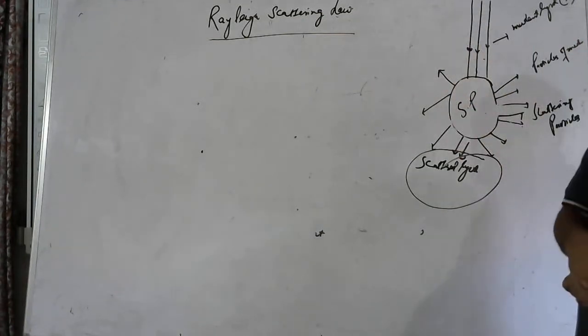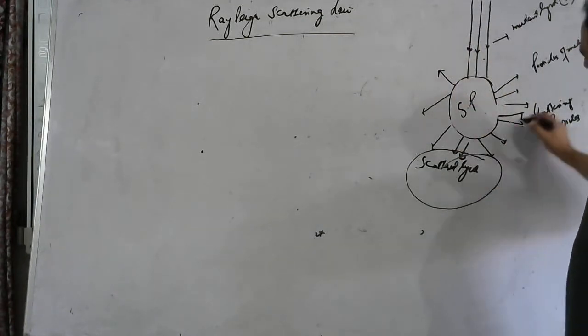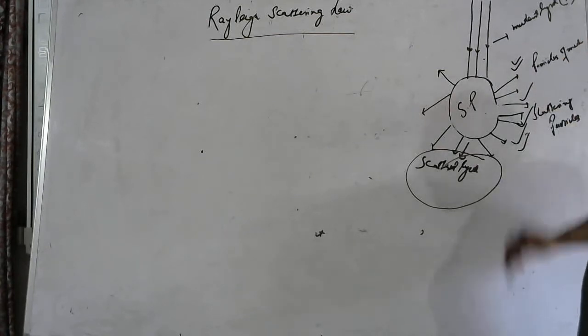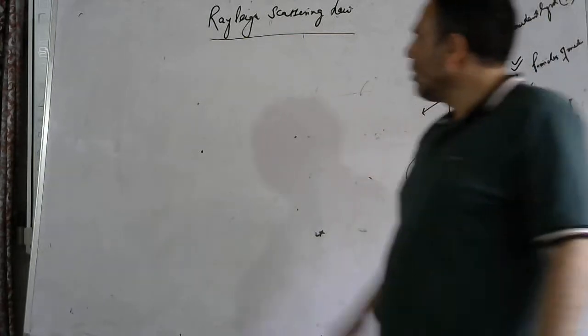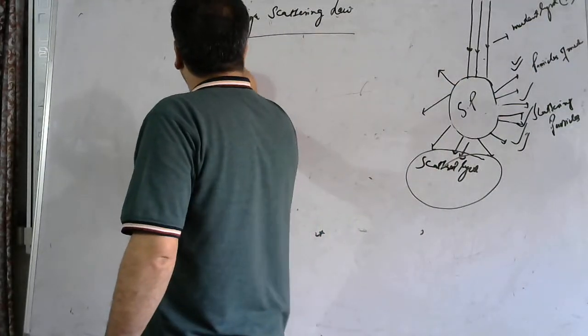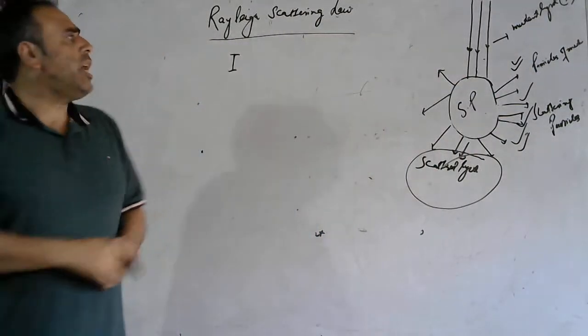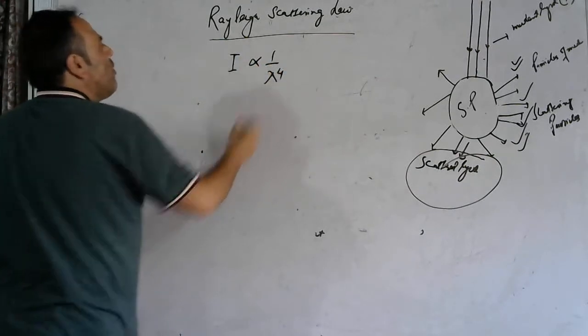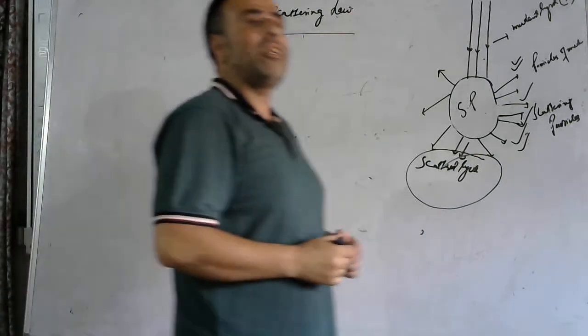According to this law, the intensity of this scattered light, I, is inversely proportional to the fourth power of wavelength of incident light.